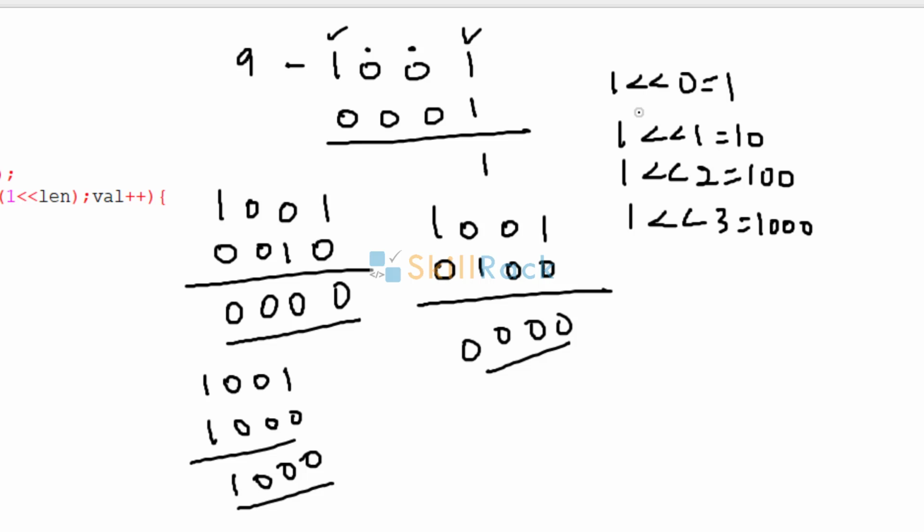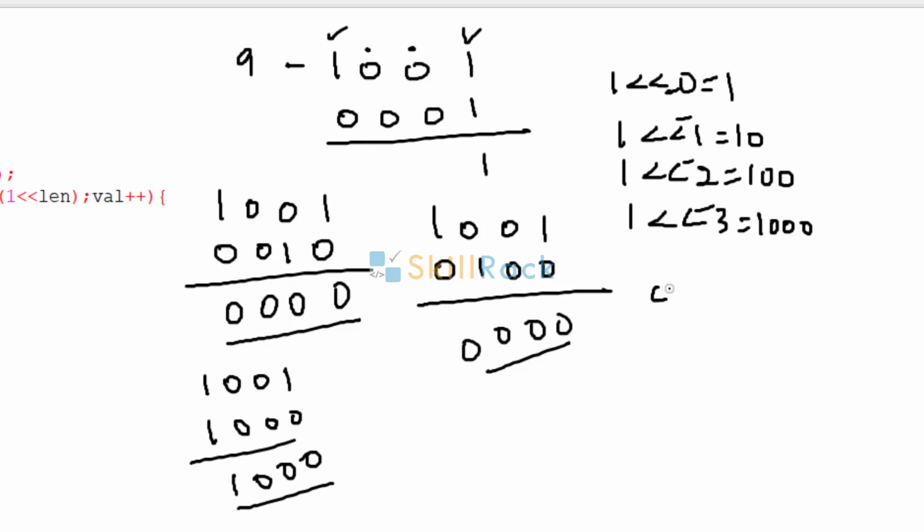So this is how we can figure it out. That is, left shift 1 and check that bit position, right? So that is what we are going to do here. Here, till what should you left shift? You see that it is 0 initially, then 1, then 2, then 3. So how many times should you left shift?